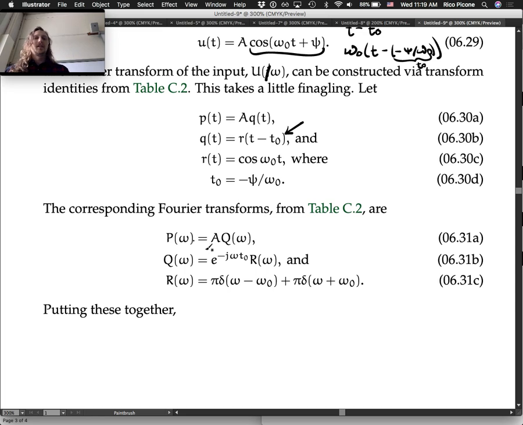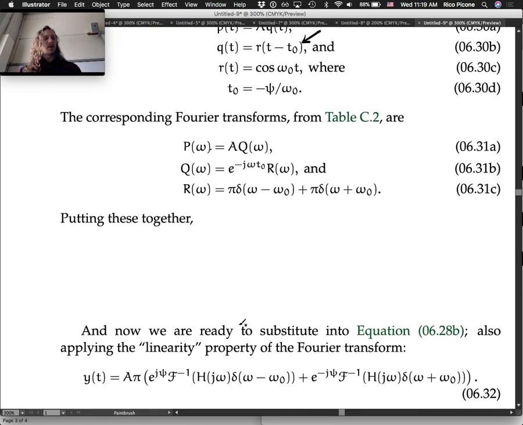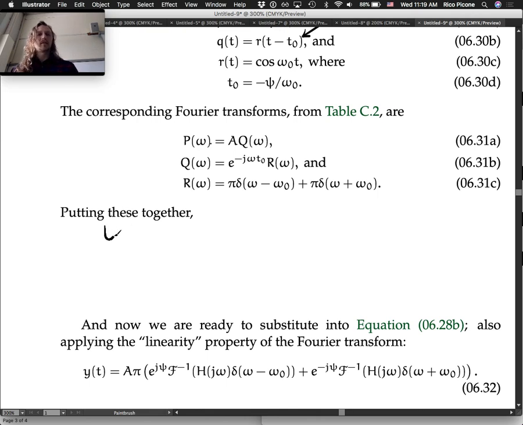So now we've got our three transforms, and we can put them together to get u of omega equals, so we have an A from there, a pi that shows up from each term there, and then we're going to plug in, we could also say e to the minus j omega t naught, but we're going to distribute that to each term.